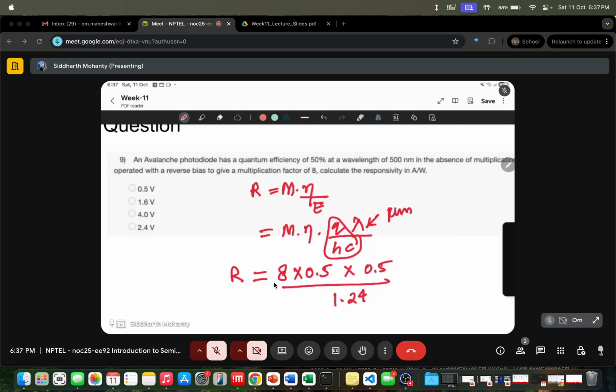This is the responsivity. You solve it, it comes out to be 1.61 ampere per watt at 1.6 volts. This option.